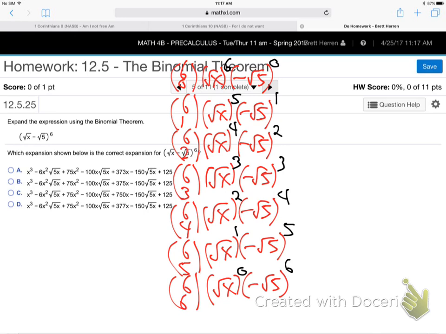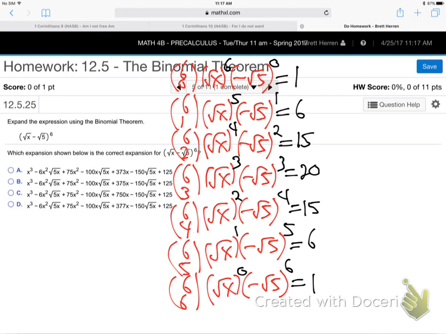So take it from there. So we all good to there? That's pretty much just like last time, huh? Now we ready for the root stuff?